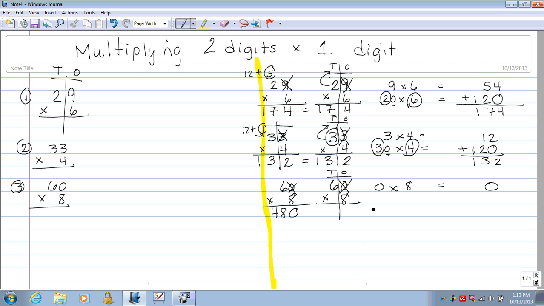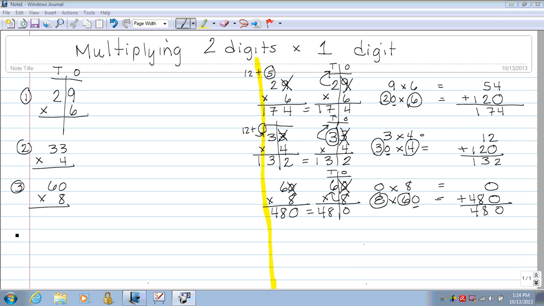Cross that out, and now I have 8 times, and not just 6, but remember the 6 is in the tens place value, so it's 60. I know that 8 times 6 is 48, then I just add my 0. When I add those two numbers together, I get 480. Push pause to write your notes.